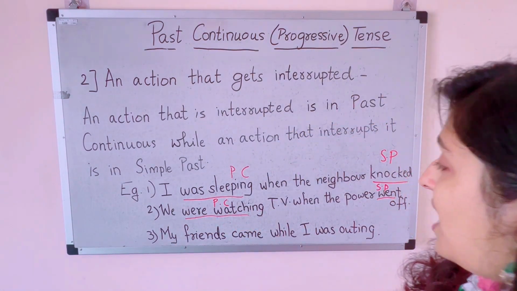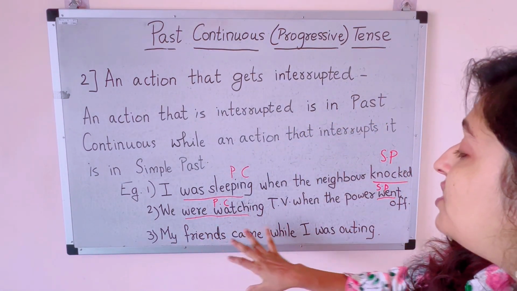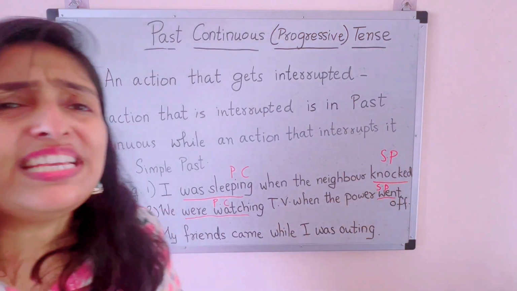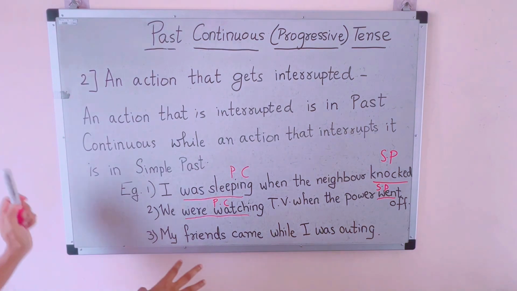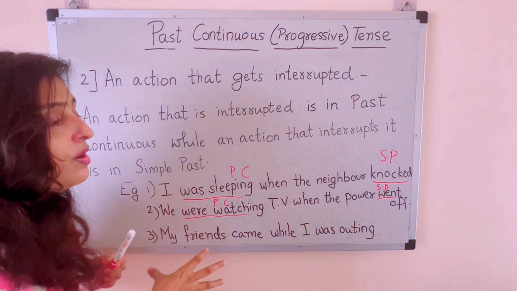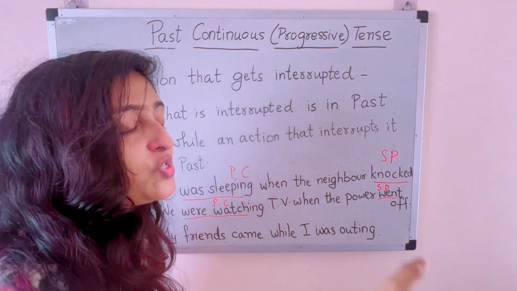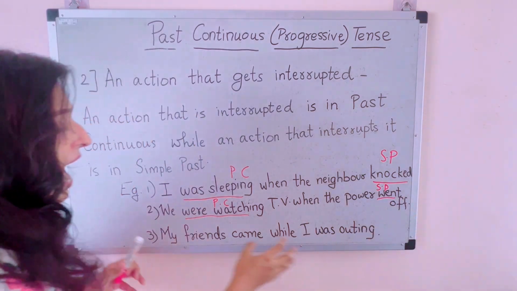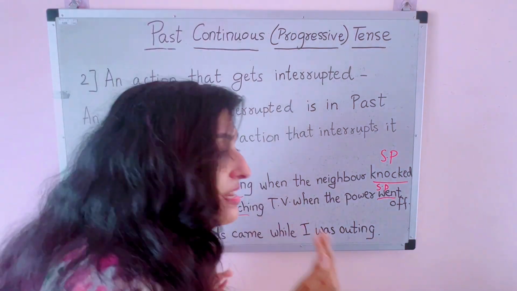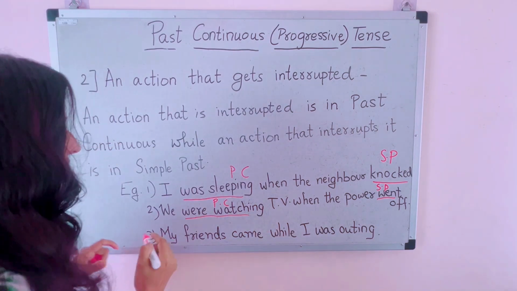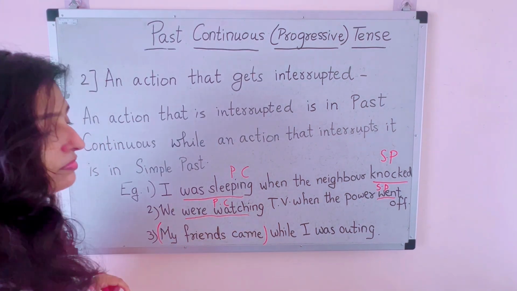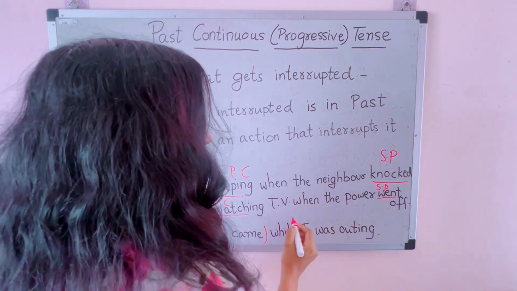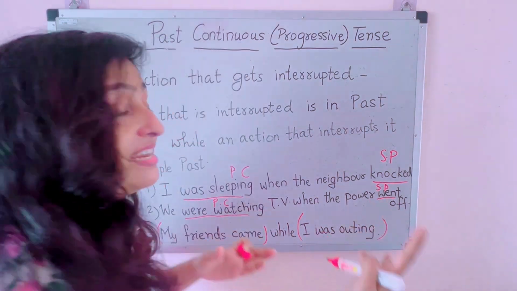Look at the third example. My friends came while I was outing. Is there any change in this particular sentence? Here, the action that is creating the disturbance or the interruption, I have placed in the first half, while the action that is interrupted is in the second half.